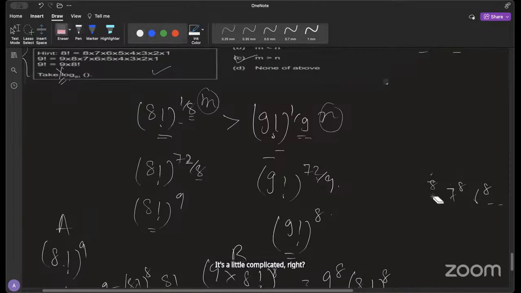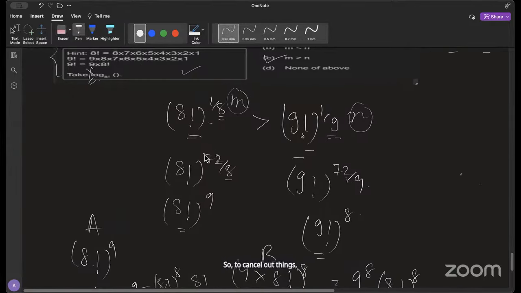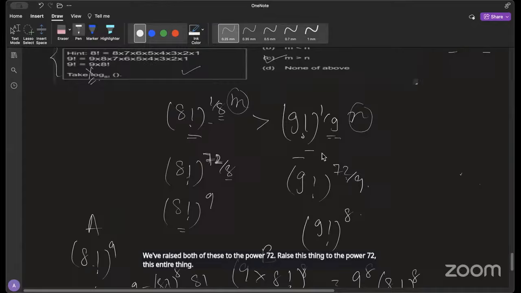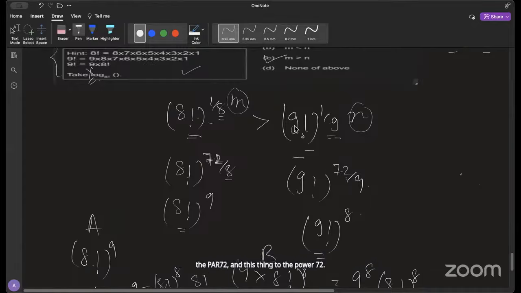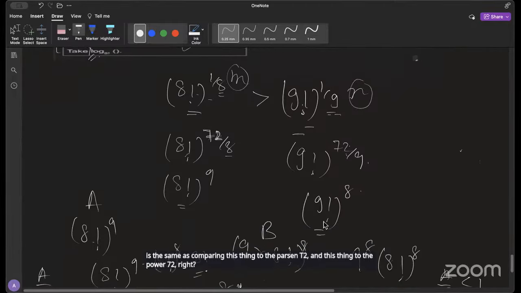Factors don't get cancelled. So to cancel out things, we've raised both of these to the power 72. Raise this entire thing to the power 72, and this thing to the power 72. So comparing these two is the same as comparing this thing to the power 72 and this thing to the power 72, right? Yes.